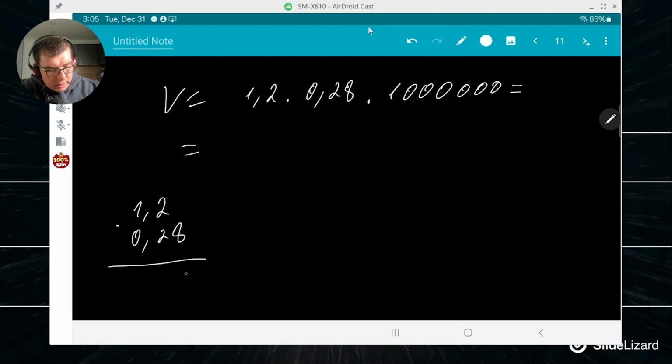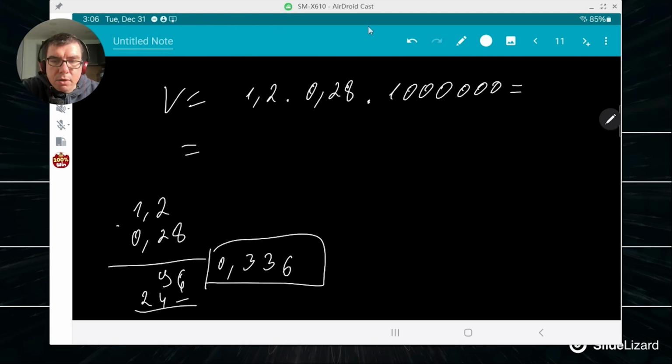8 times 2 is 16. 6 times 1 is 6, plus 1... 8 times 1 is 8 plus 1 is 9. 4, 2, and there is a 0 in front, which doesn't matter. So 6, 9 plus 4 is 13, 3, 1, and 3 digits after the decimal comma.